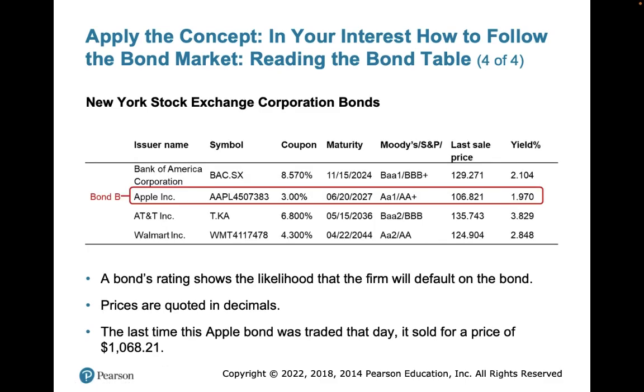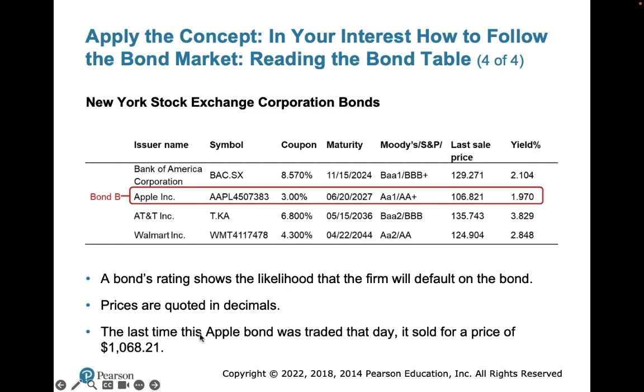Okay, we move on, and we're going to look at bond B. Bond B is for Apple Incorporated. A bond rating shows the likelihood that the firm will default on the bond. Prices are quoted in decimals. This is the symbol, this is the coupon, and this is the last sale price.